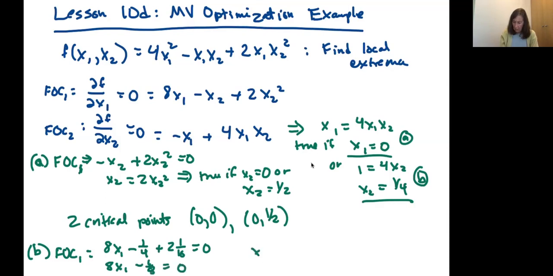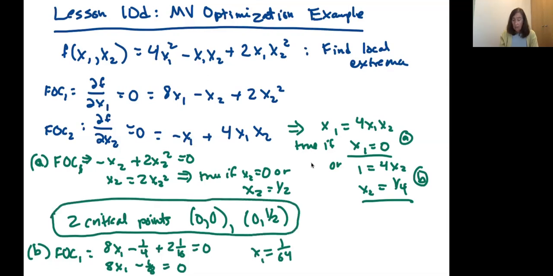That sounds like x1 equals 1/64. Okay, so I had two critical points here for my first case, and I have one more critical point here, which is 1/64, 1/4.